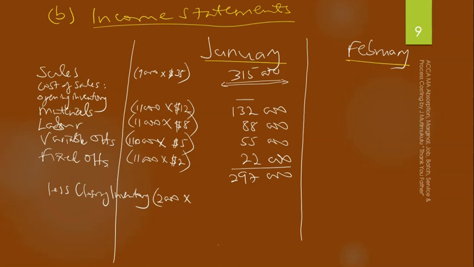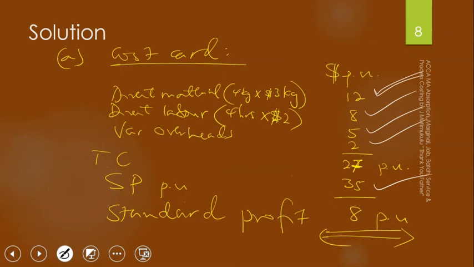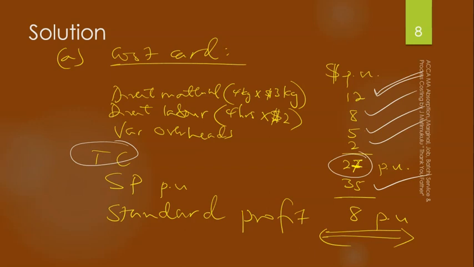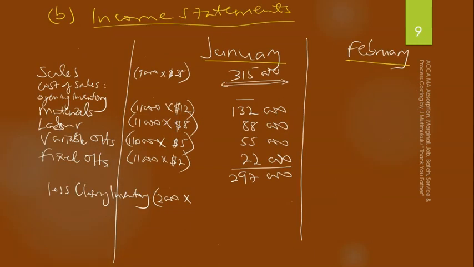This is where the principles of absorption costing should lead us. We have already done the cost card, ladies and gentlemen. So we are going to use the total cost value, which was 27. So we multiply by 27.